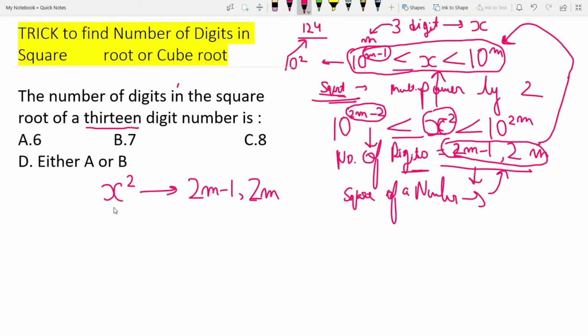And what is the square root of this? If I take the square root of x square, it is x. From here we have seen that the square root of this x square, which is x, has m digits. We need to just remember this. That is the shortcut for solving any question.